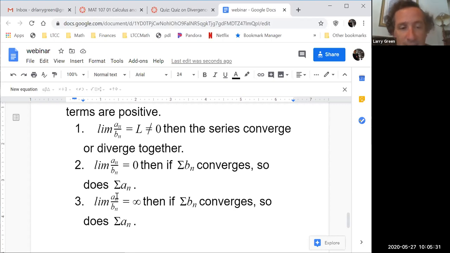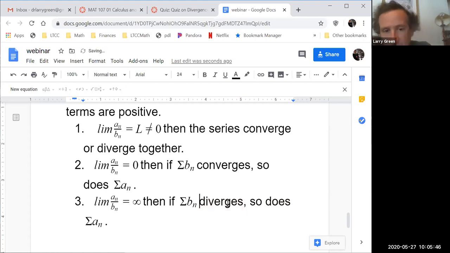That tells us an is bigger than bn, a lot bigger than bn, for that limit to give you infinity, right? So now if the summation of bn diverges, if the b's are big and a's are even bigger, then the a's must diverge also.